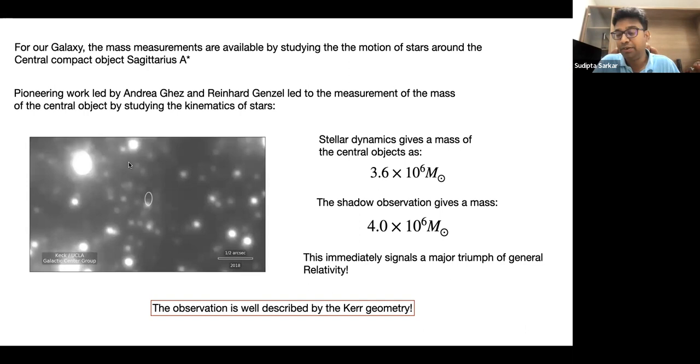And the recent paper on the shadow observations also gives a mass which is roughly the same. I mean, not roughly, I would say very good agreement, given the uncertainties in the data. So this immediately signals that we are confident in what we are doing. We understand at least a major part of it, and the observation is well described by curved geometry.